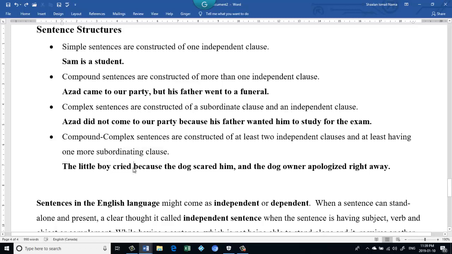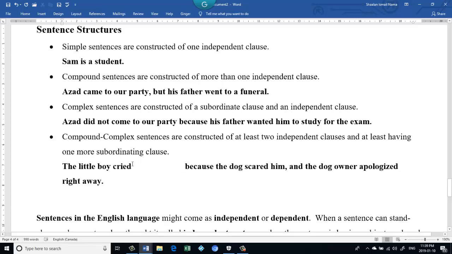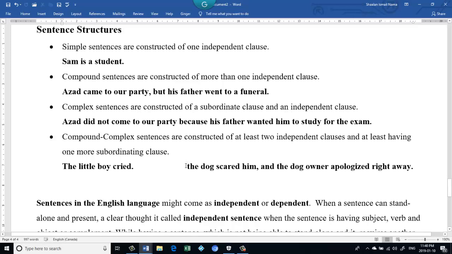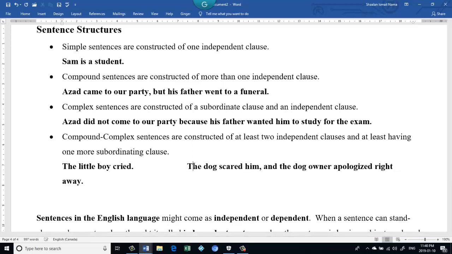If we leave it like this with no other sentences, it's going to stand alone. It's an independent sentence. And then if we delete because, we have to change the sentence to a capital, because whenever we start a sentence in English, we have to start with a capital letter.